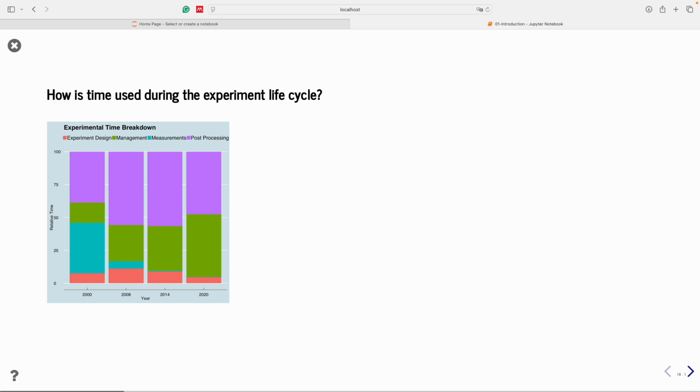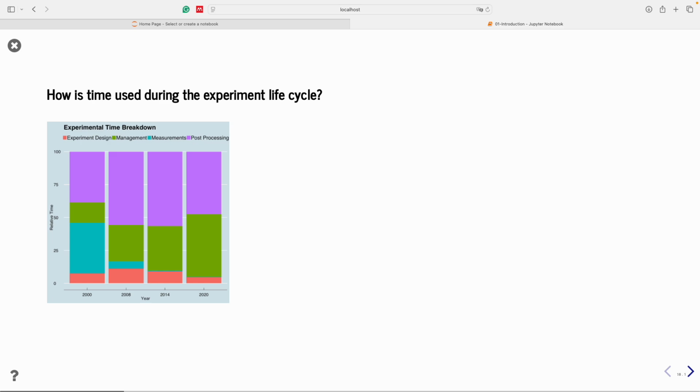And if you look at how much time is spent on the different parts of the experiment, you can see that around 2000, the experiment design was quite, how many percent, like less than 10%.